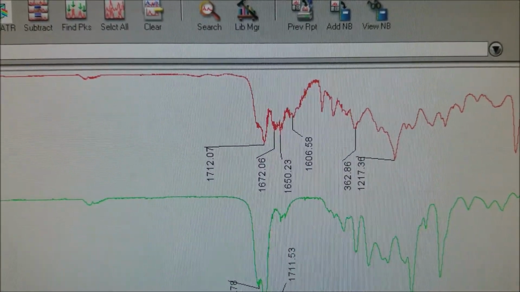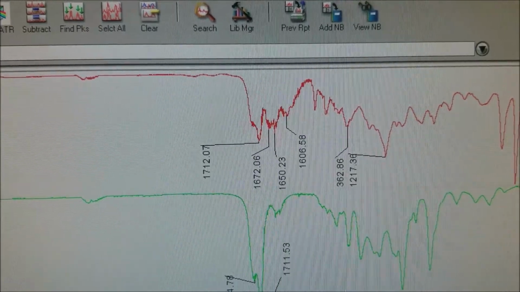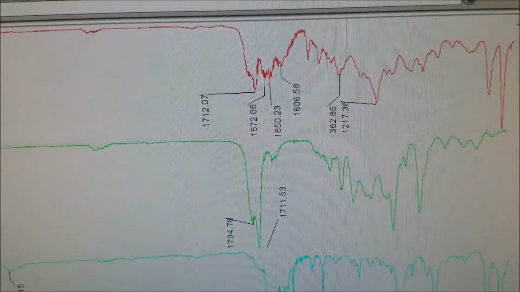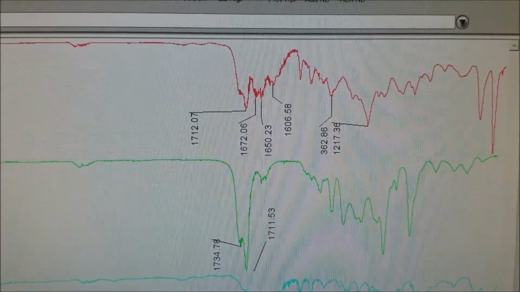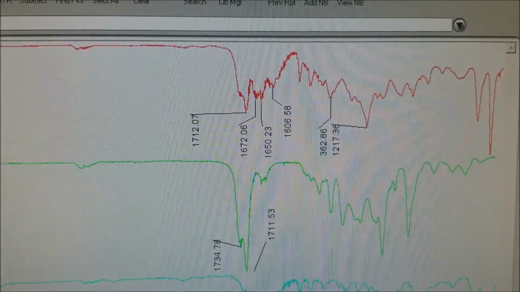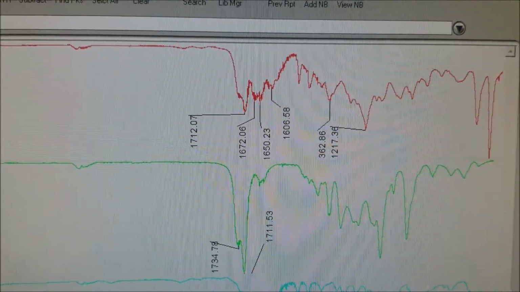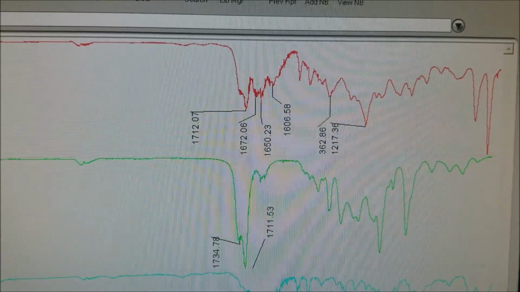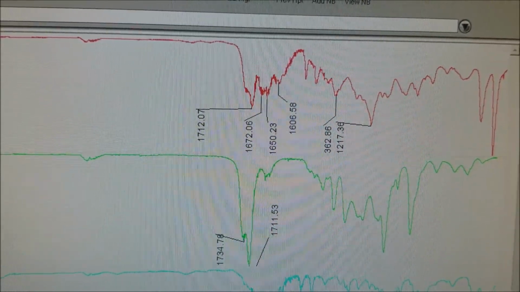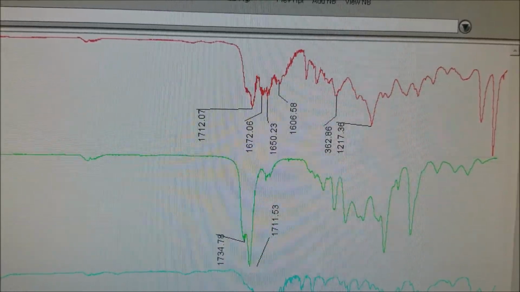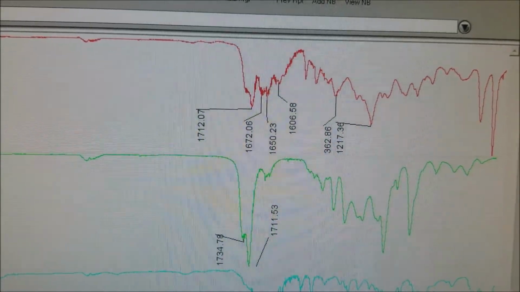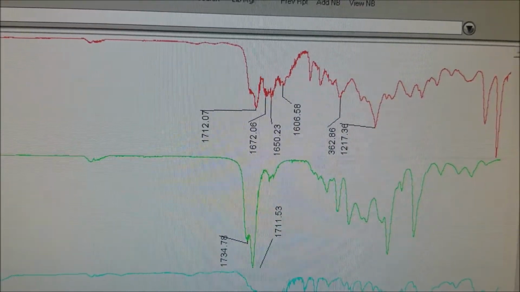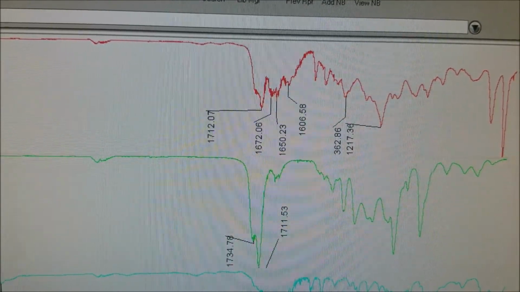We still see some of the carbonyl stretches at 1672 and 1712. They've changed a bit, but remember there's still a carbonyl in there, especially the ester peak. And we still see the phenyl peak at 1606, and we see some other alkene peaks at 1672 and 1650.